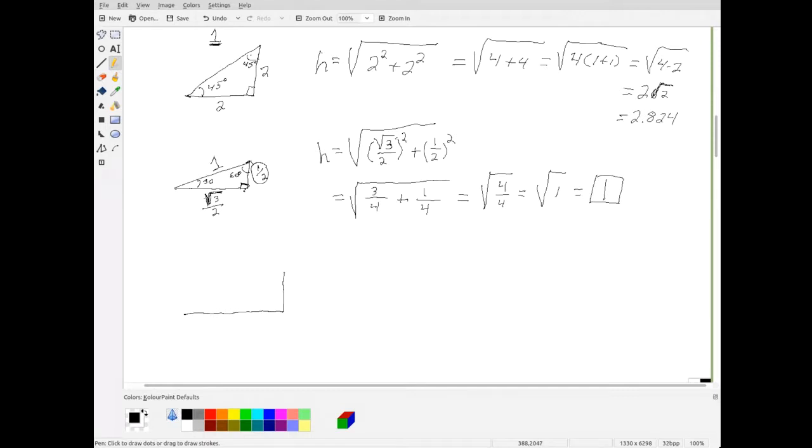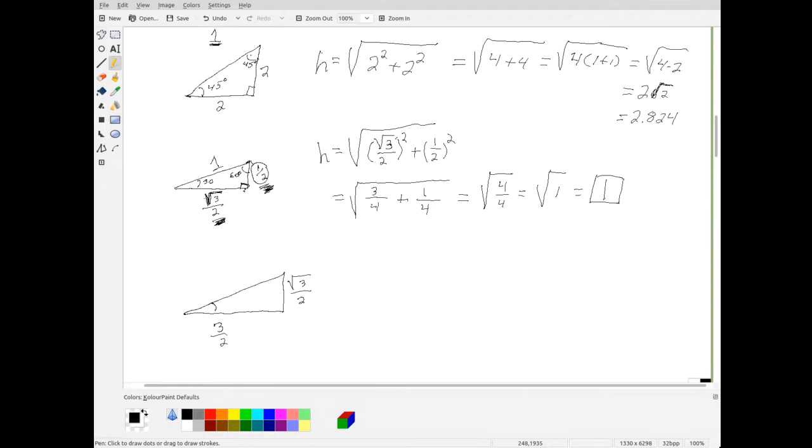And so this one here is going to be 3/2. And this one over here is going to be the square root of 3 over 2. All right. And so now how did I get that? Well, you look at this value and this value.